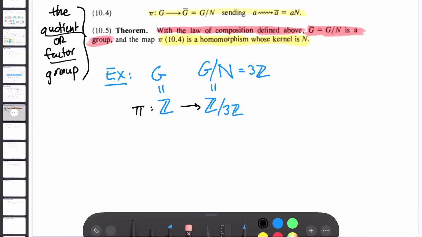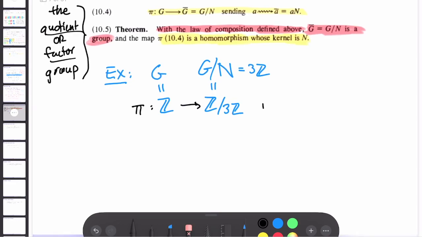And so pi is this quotient coloring map, because remember what all of those colors were doing is they were just telling us about cosets.